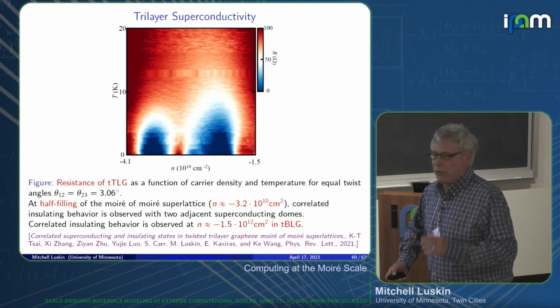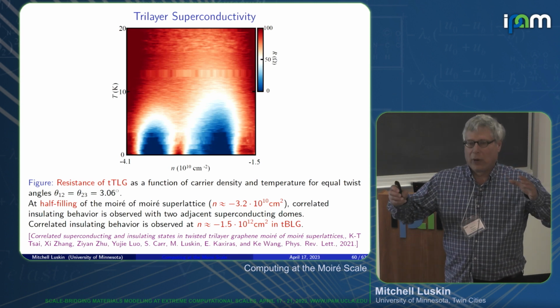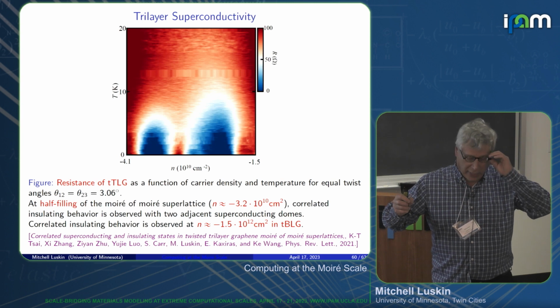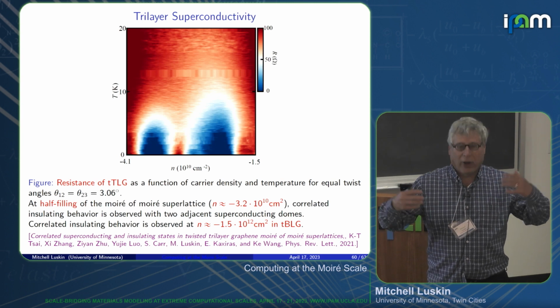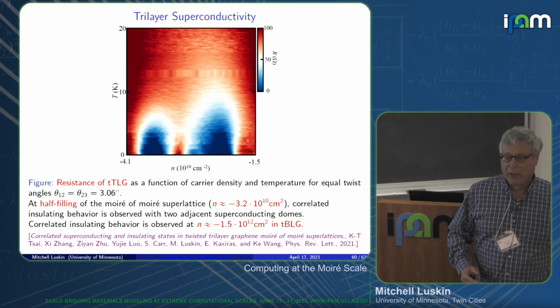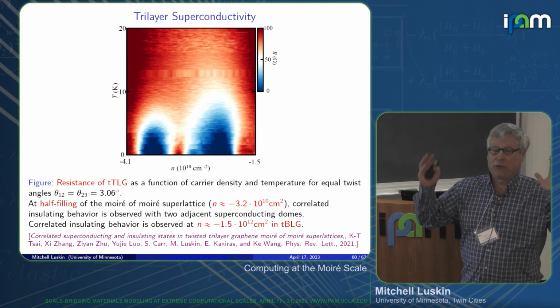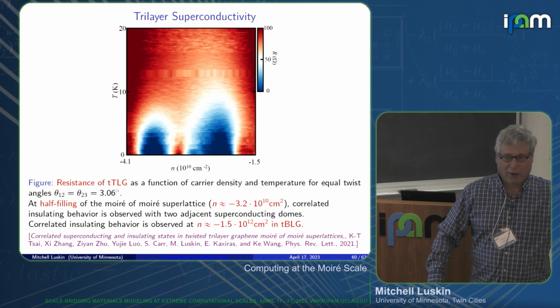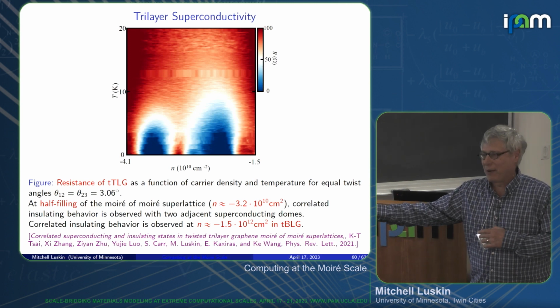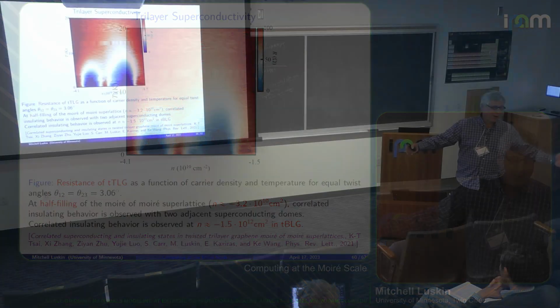So the idea with doing trilayer was to study correlated effects in another system. I think we thought of this before all those other platforms came online. You never know. You may be working on something and they're working on it at the same time, and everybody's claiming priority.